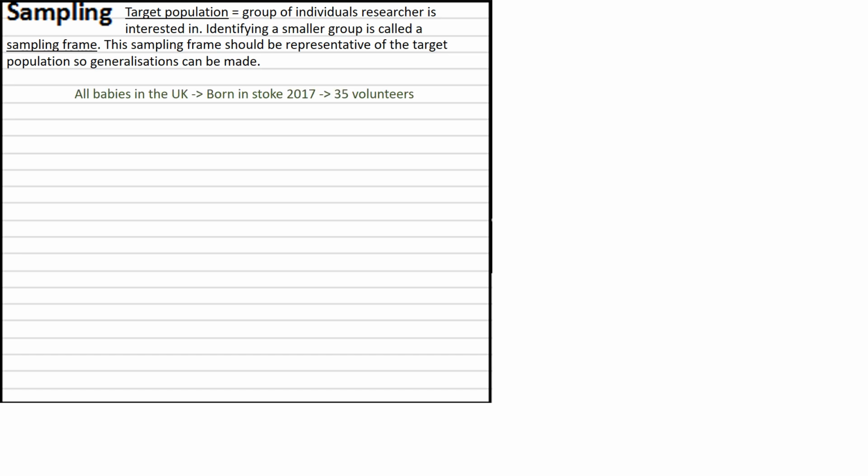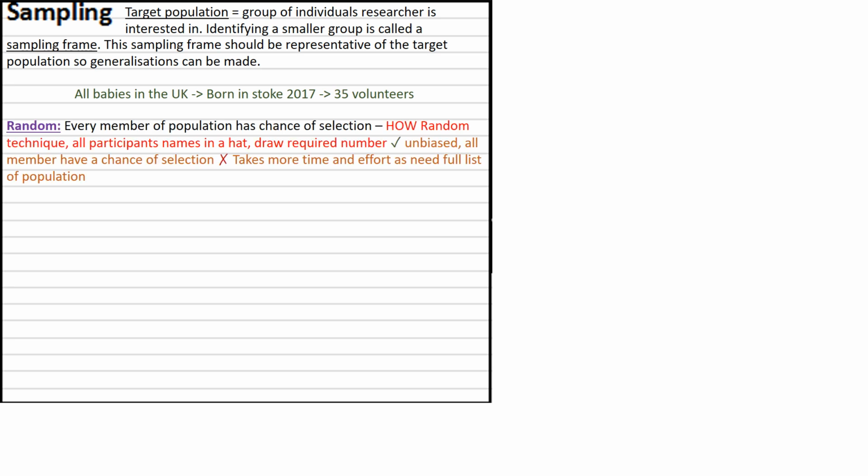So you might say all babies in the UK, your sampling frame might be babies born in Stoke in 2017. There might be some problems with that, but that's just what you've got access to. And then that might narrow down to maybe the 35 volunteers who would actually come forward and take part. So you're hoping to have those 35 volunteers ultimately represent all the babies in the UK.